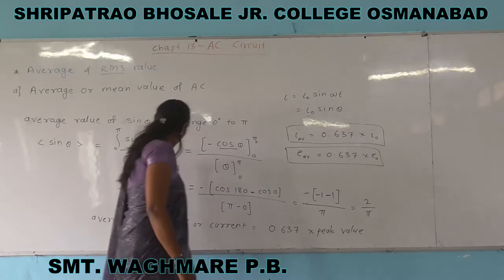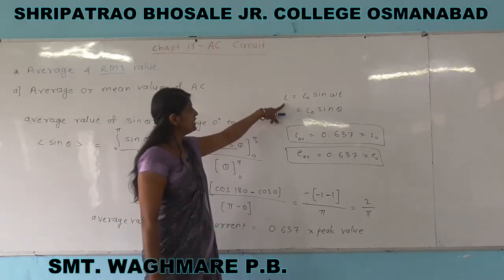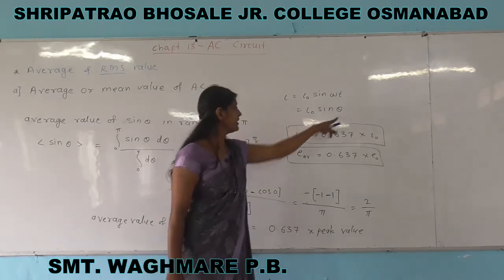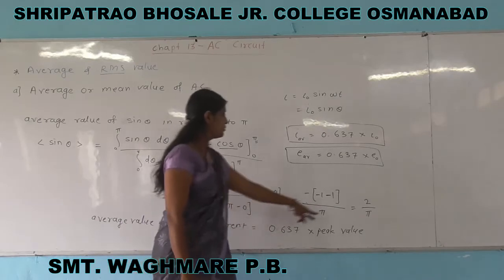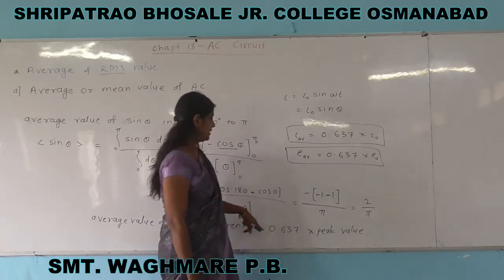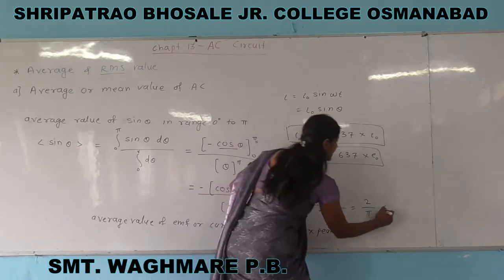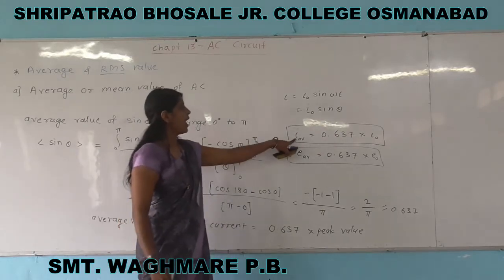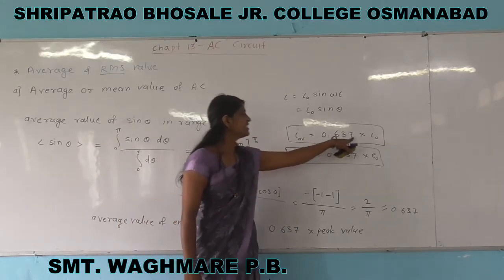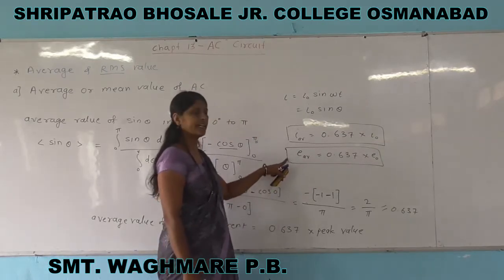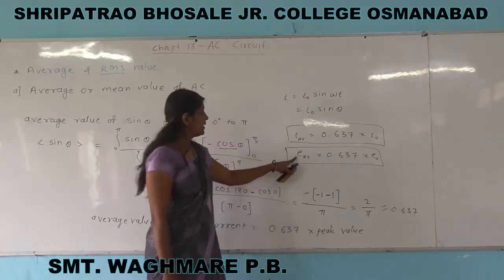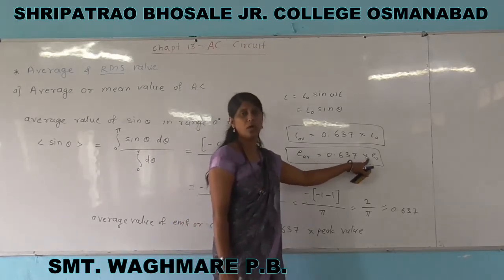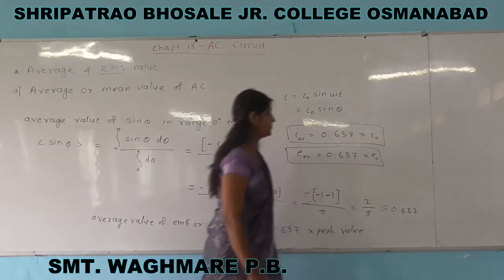Taking the value of pi, we get 0.637, and therefore when we put this value in this equation, I average is equal to 0.637 into the peak value of current, and the same way E average is equal to 0.637 into the peak value of EMF, E naught.